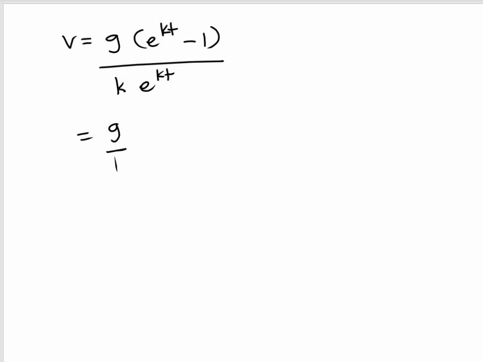Now we have v equals g times e^kt minus 1, over k e^kt. To prove what we want, we have g over k, and then e^kt divided by e^kt is 1, minus 1 over e^kt, which is e to the power of negative kt. So, proven.